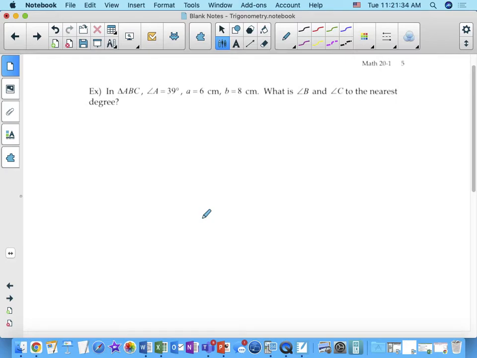What is angle B and angle C to the nearest degree? Okay? So we don't have to do this, but it's a good idea to sketch this. So first we have angle A, which is 39 degrees. Also, this is acute. So we could be in a situation where we have an ambiguous case of the sine law. So angle A is 39 degrees.